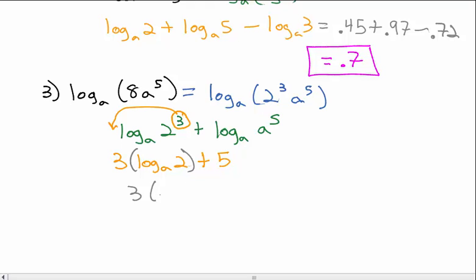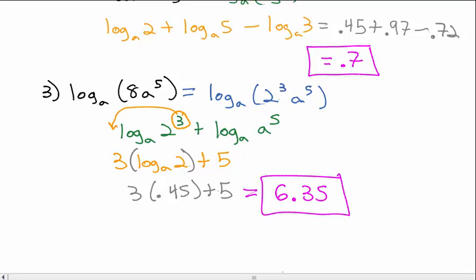And we wrote down that the log of 2 is 0.45 plus 5. And so to get our answer, we do 3 times 0.45 plus 5. We get 6.35. And so in this way, we're able to find out a solution for these various logs that are not in our log table.